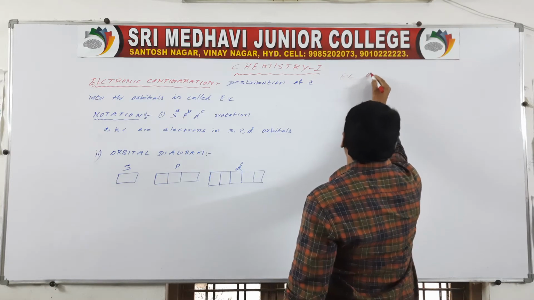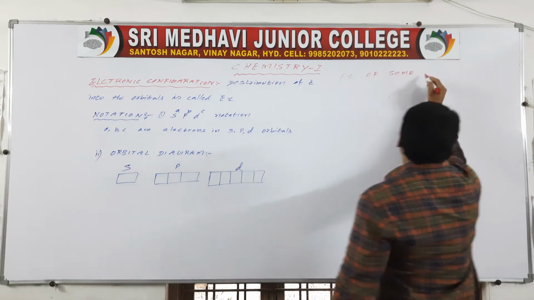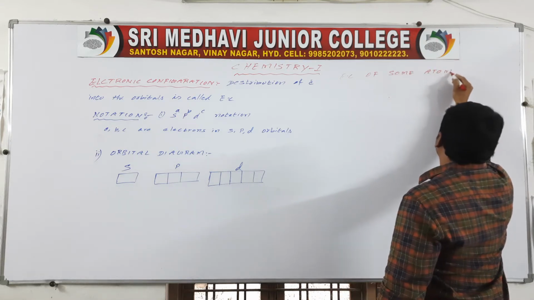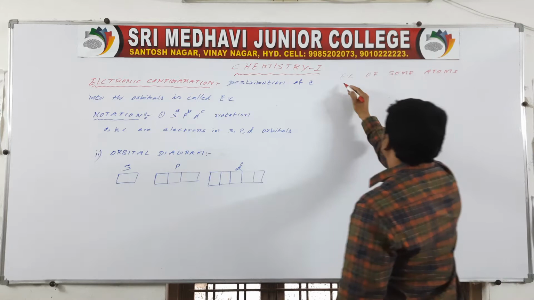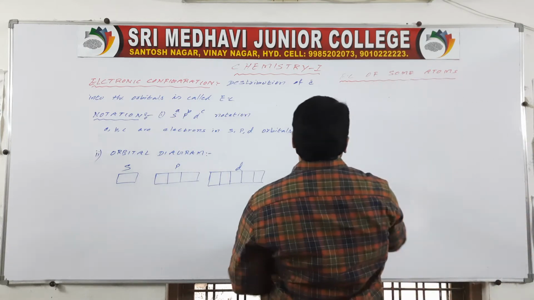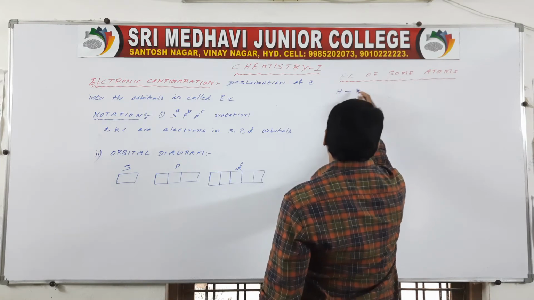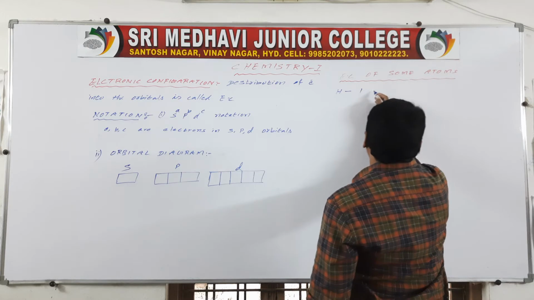Now the electronic configuration of some atoms we have to write. First one, hydrogen. Atomic number is 1.